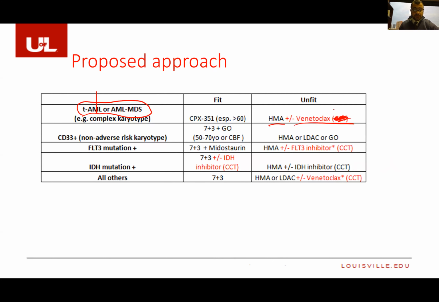In the next group, the next category is the CD33 positive, which is most of AML, if not all. But with the drawback, it does not have any adverse risk karyotype. So good risk CD33 positive AML, we can use 7+3 plus gemtuzumab ozogamicin.